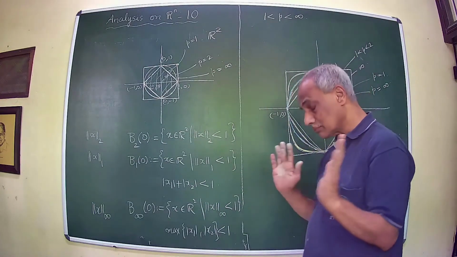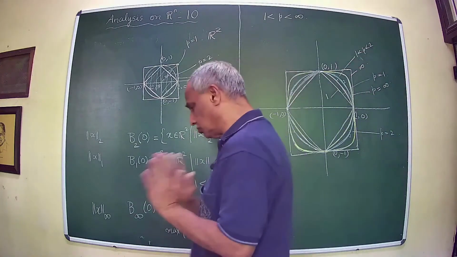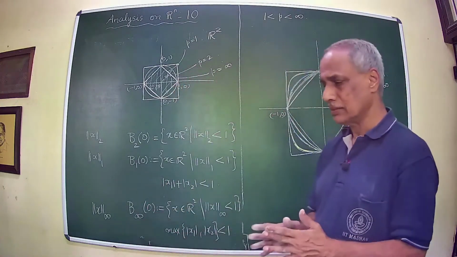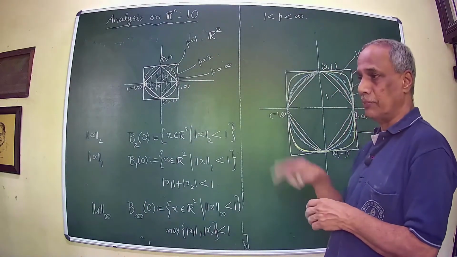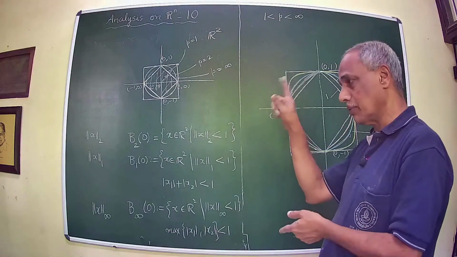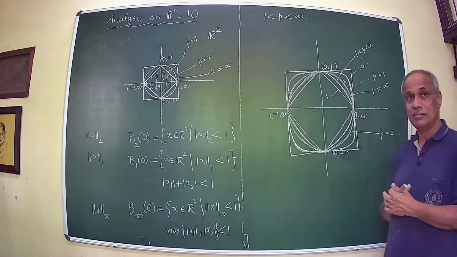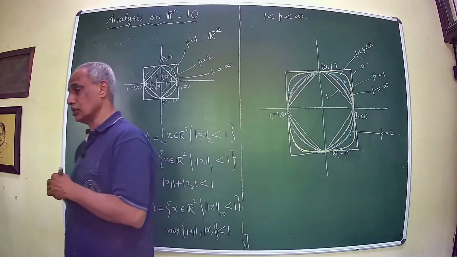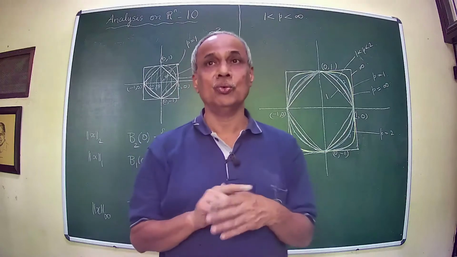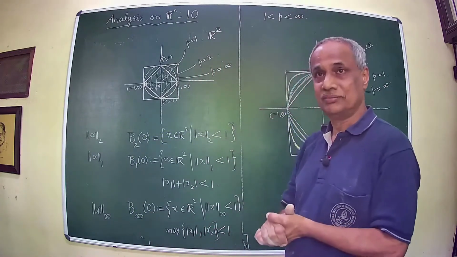Whereas on the right hand side you have two factors. One is (sigma |xi|^p)^(1/p), multiplied by (sigma |yi|^q)^(1/q).